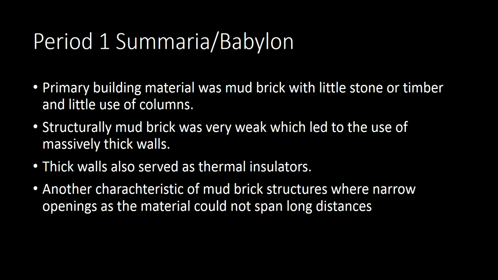So one of the characteristics of mud brick structures is that they can't span very far. So like this room, there's nothing from that wall to that wall. There's nothing, right? And if we wanted to have glass across that whole edge, we do have glass across that whole edge, right? We span long distances in our modern era. Back then, they couldn't. Mud brick wouldn't span very far. It would just crumble and fall in.